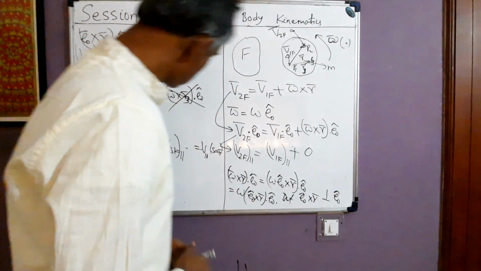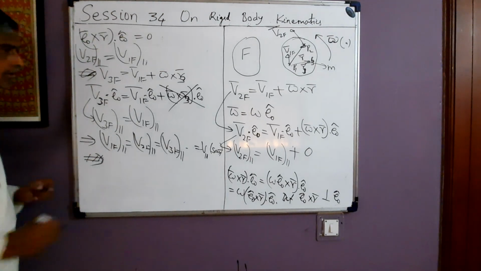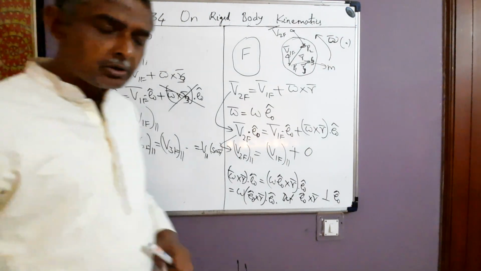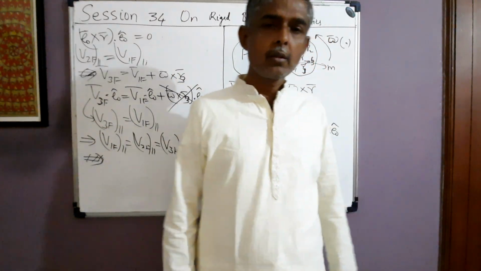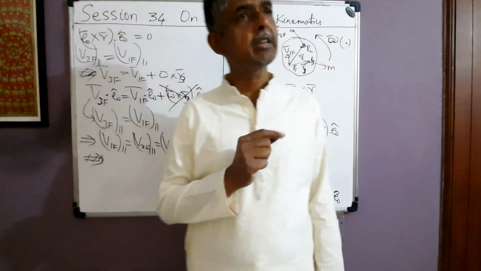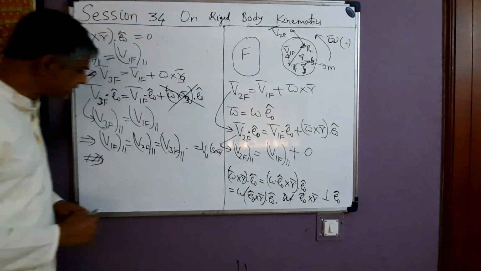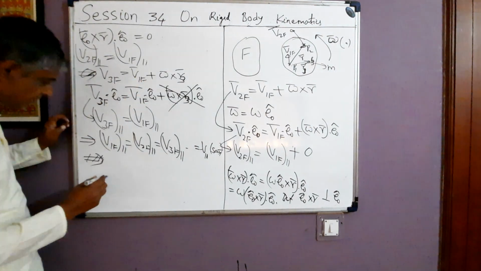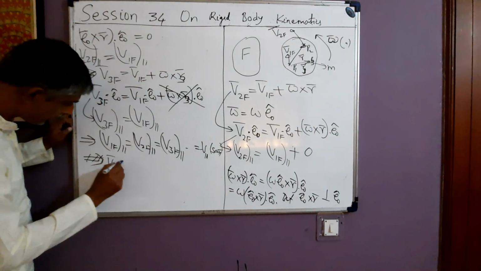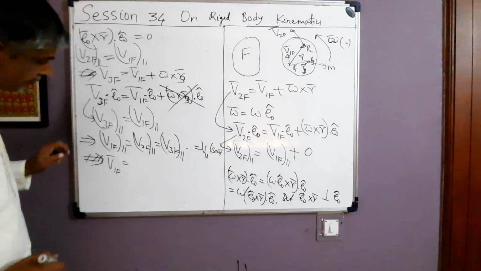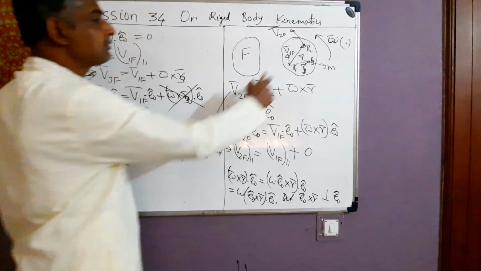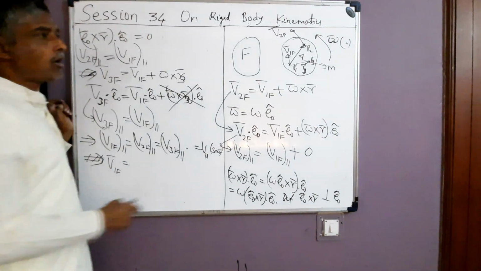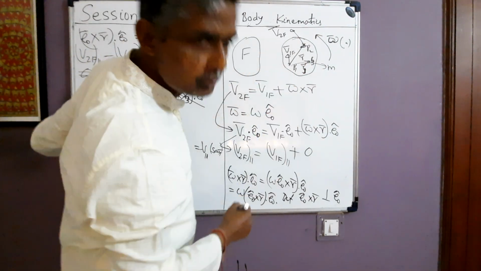Alright, fine. Now, we know that any vector can be resolved into its components. Suppose I take the case of vector V1F. Vector V1F is the velocity of P1 with respect to F at time t. This can be resolved into two components, a component along omega and a component normal to omega.